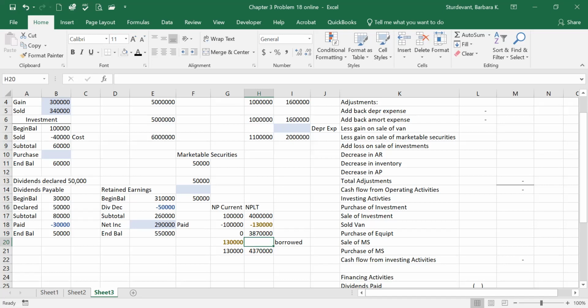Wait a minute, do I have the wrong numbers on here, Ron? Hold on, I need another zero. This is supposed to be 4 million. I guess I don't.